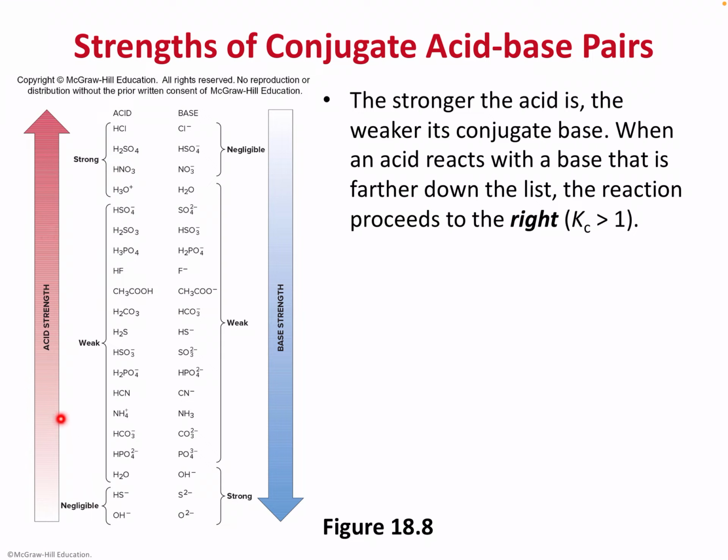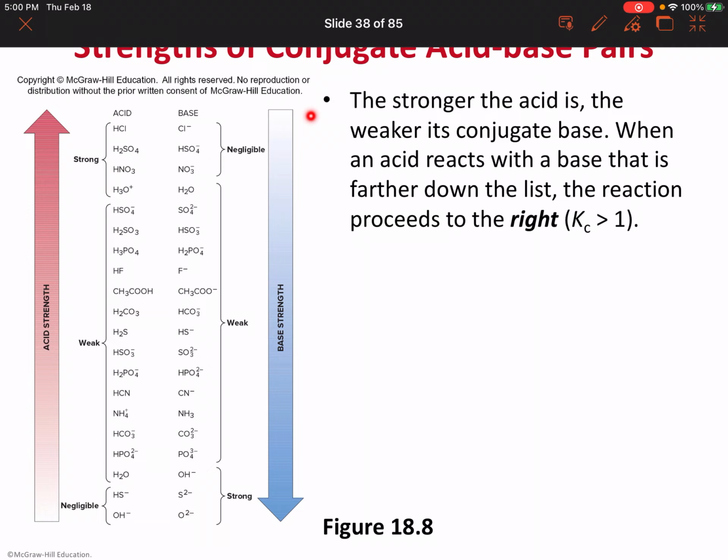Going in this direction, we see the strength of the acid increases. As you go down this list, you can see the base strength increases. So basically we find strong acids here and strong bases here. So they react and always proceed to give you the product, since Kc is going to be greater than 1.